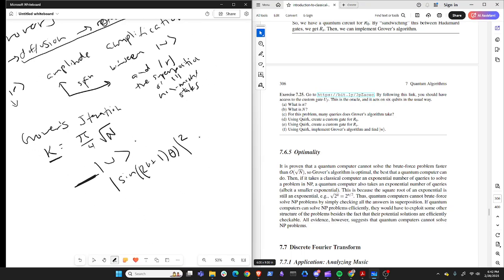It's so close to 1 that the chance of getting anything in state R is effectively 0.